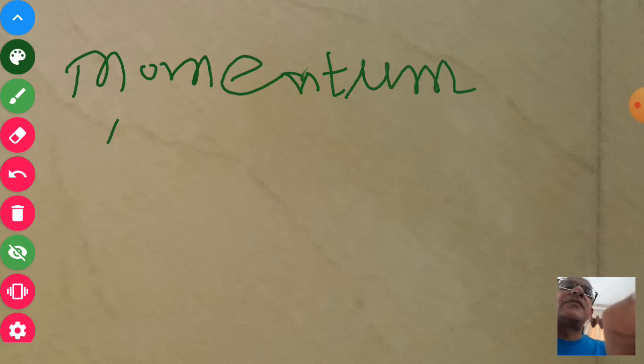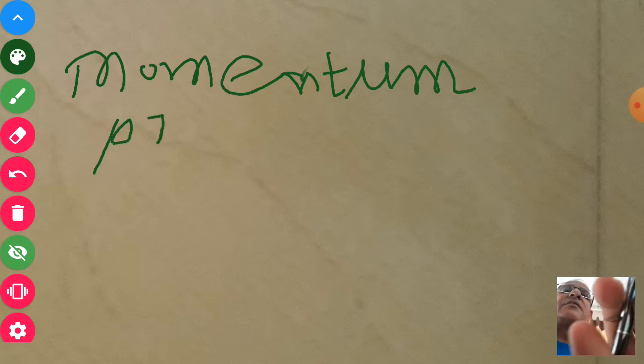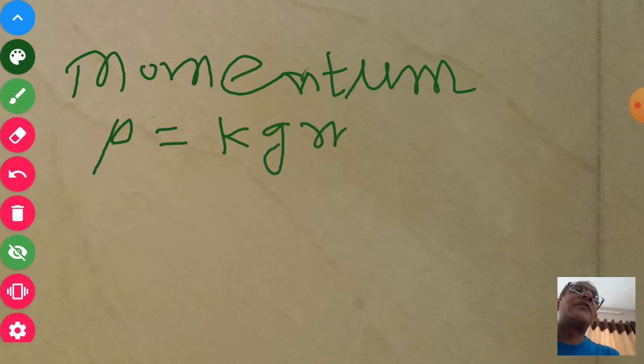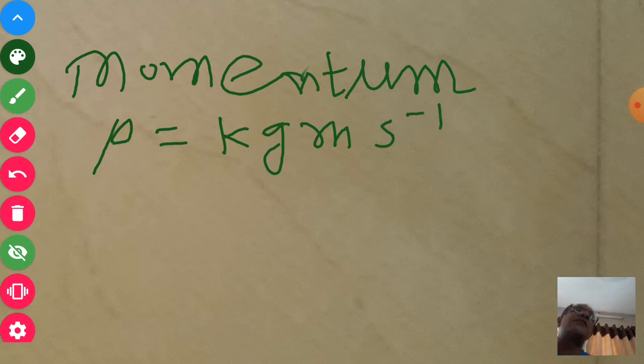Momentum is noted by small p, and the unit of momentum, as we discussed yesterday, you should keep in your notebook. The unit of momentum is kilogram meter per second. So now all the three dimensions are there.